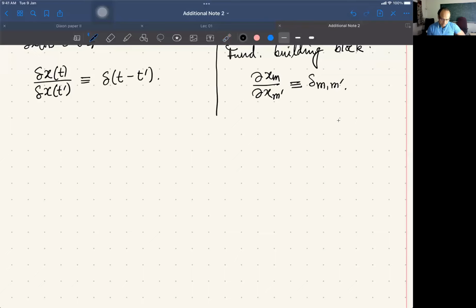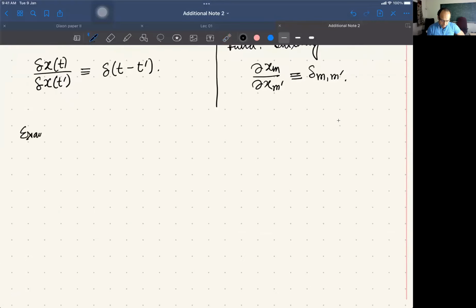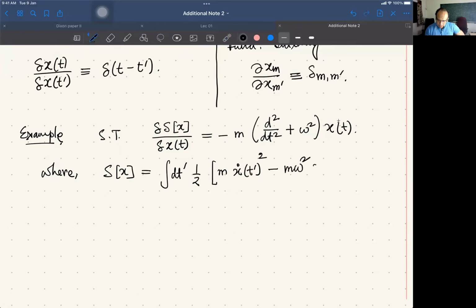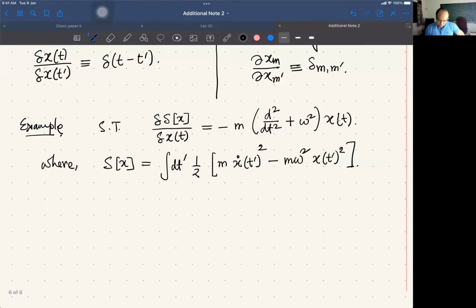Let me do the calculation now. Show that delta S[x] over delta x(t) is equal to minus m (d²/dt² plus omega squared) of x(t), where S is the harmonic oscillator action, given by the integral dt' of half m x dot(t') squared minus half m omega squared x(t') squared.